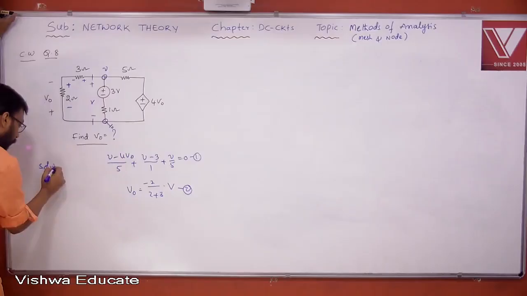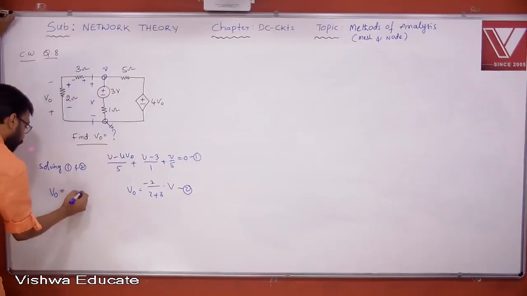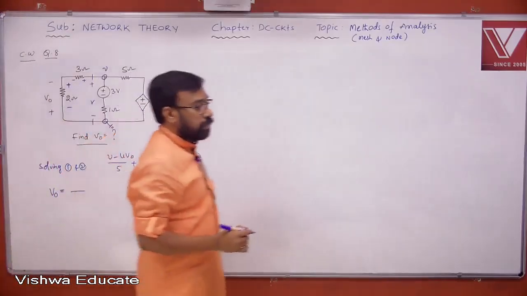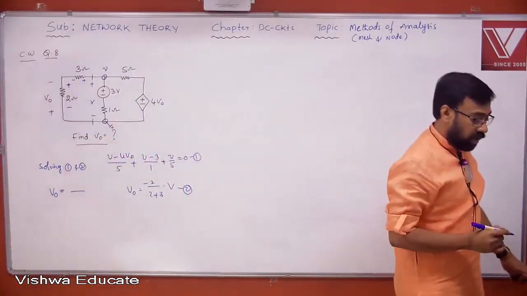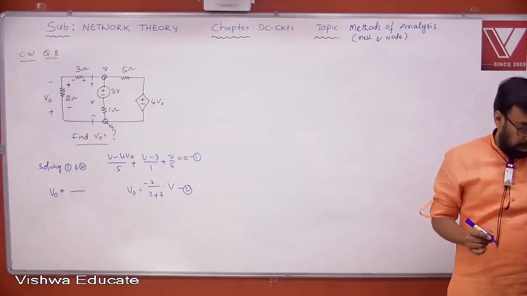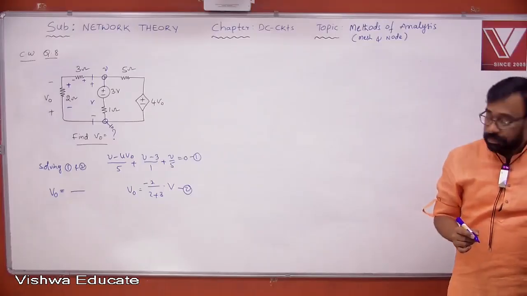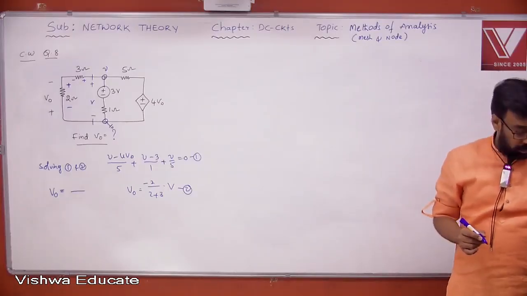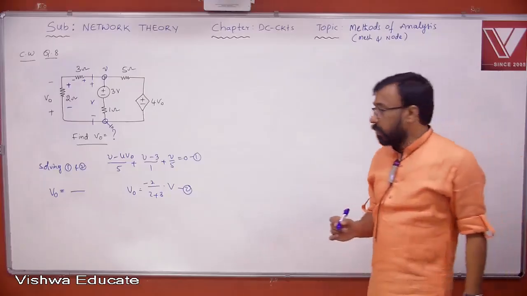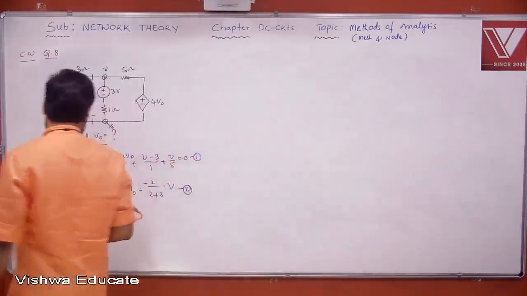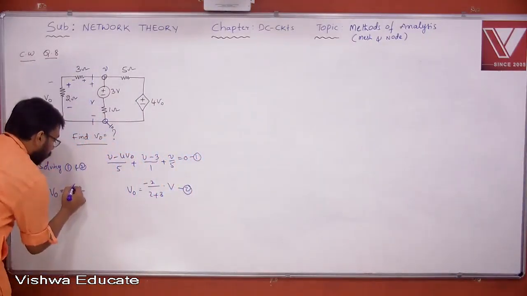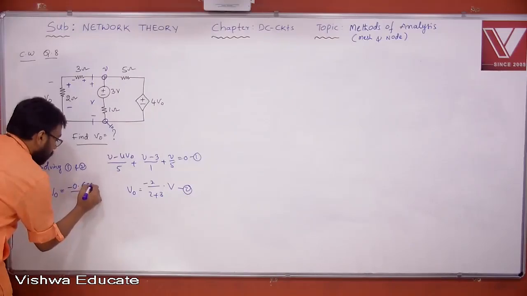Then now you solve these two equations. Solving equations 1 and 2, you get the value of V0. Please do that. You should get minus 0.6976.